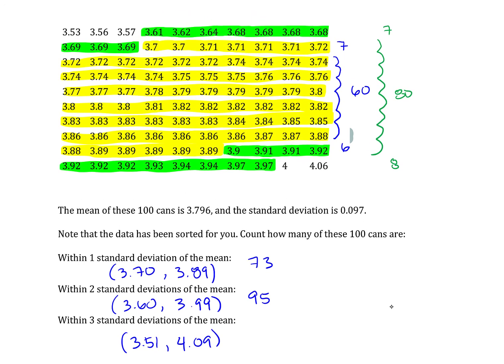And at this point, all of these values are in the range of 3.51 to 4.09. So I could get another highlighter color and do that, but I know at this point that 100 of my data values are there. So that means 100% of my data has been accounted for. And that's right in line with the empirical rule, which says that about 99.7% of your data in a bell-shaped distribution is going to be found within 3 standard deviations.